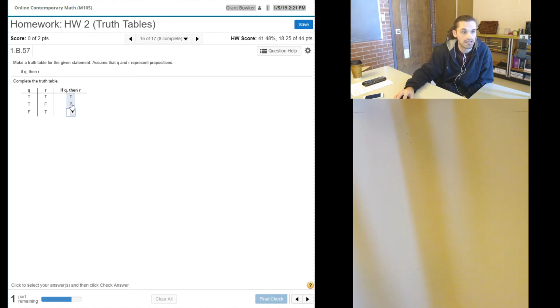You only get a false conditional when you have a true hypothesis and a false conclusion. So if true, then false is a false implication. So everything else is true.